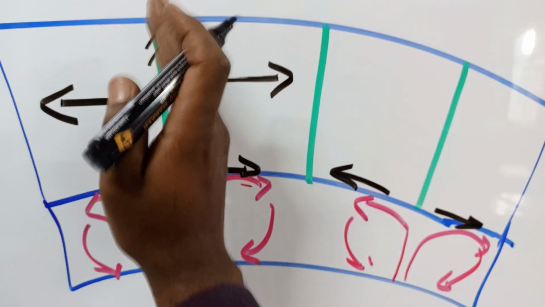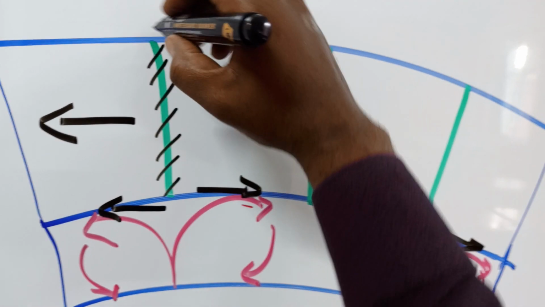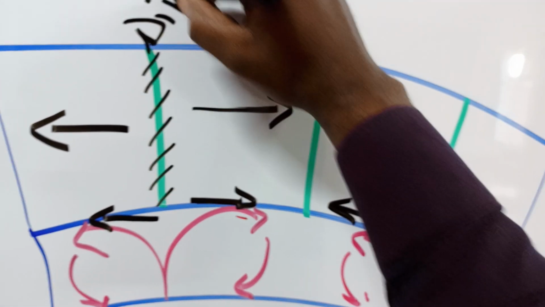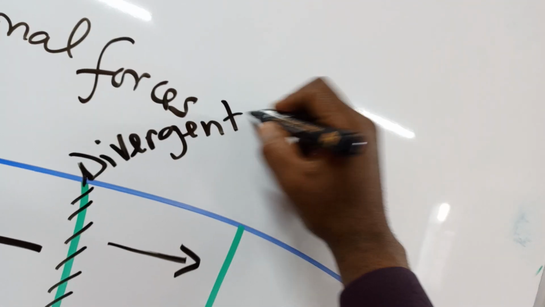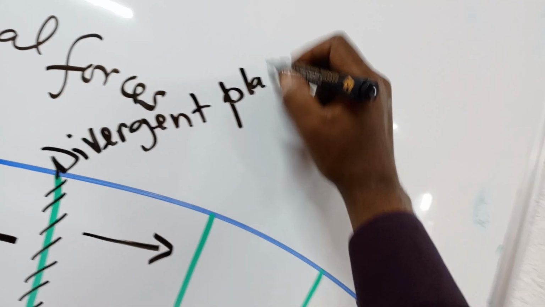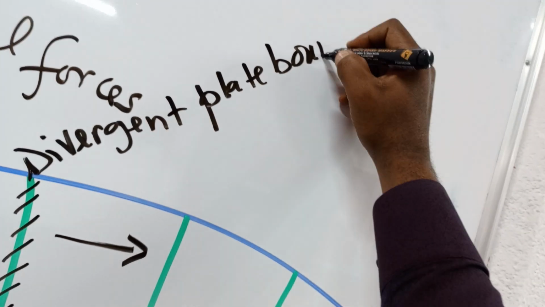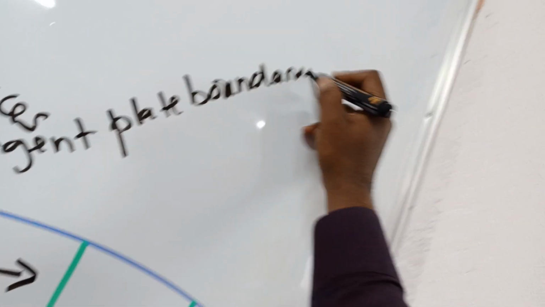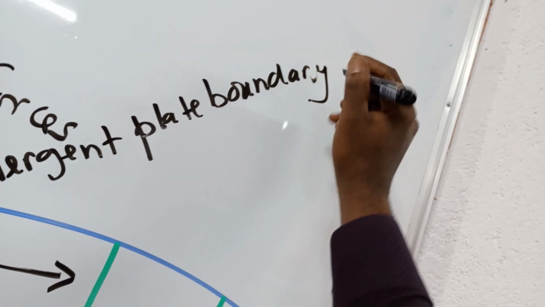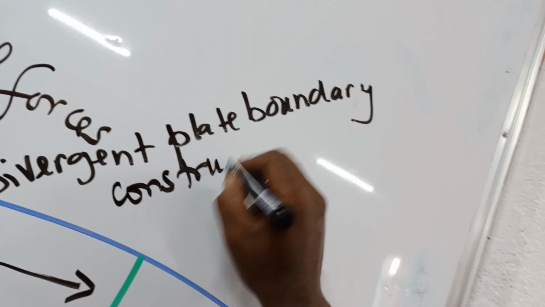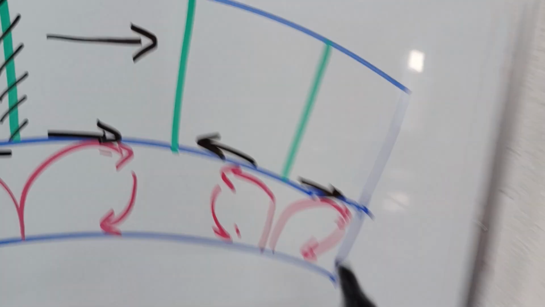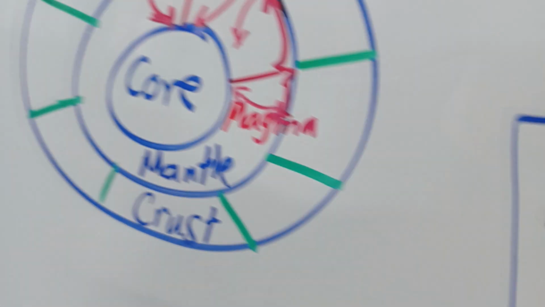So it's like opening. So this is where we have divergent plate boundary. And it is also called constructive.